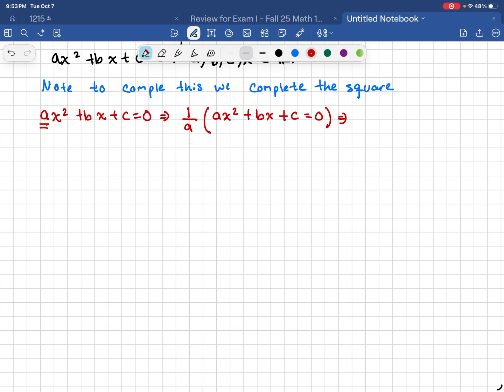by 1 over a. This will become ax squared times 1 over a plus bx times 1 over a plus c times 1 over a is equal to 0 times 1 over a.